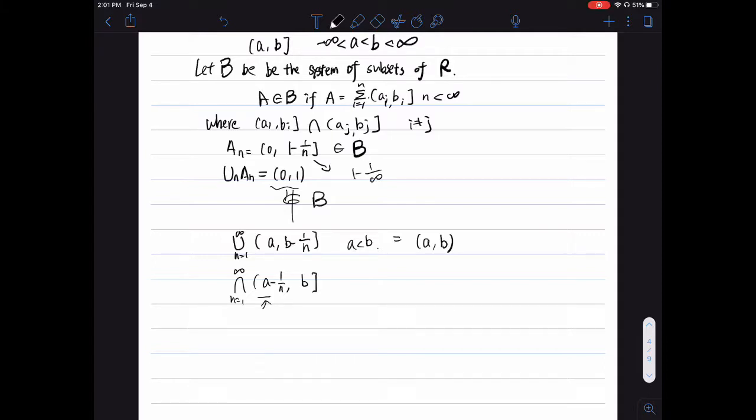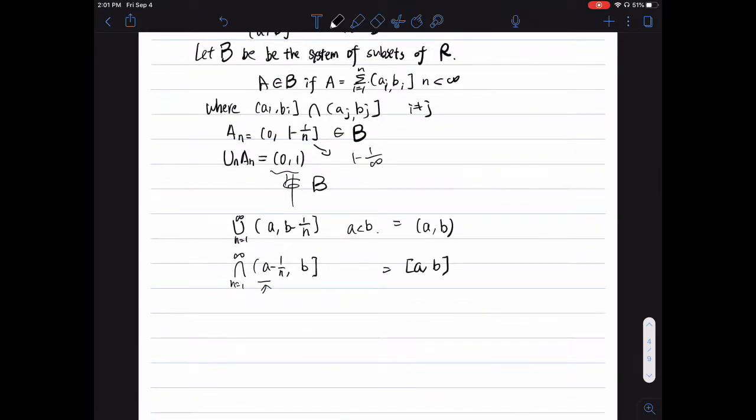The intersection of all such subsets is going to be [a, b]. So we can also get a closed interval from subsets of B.